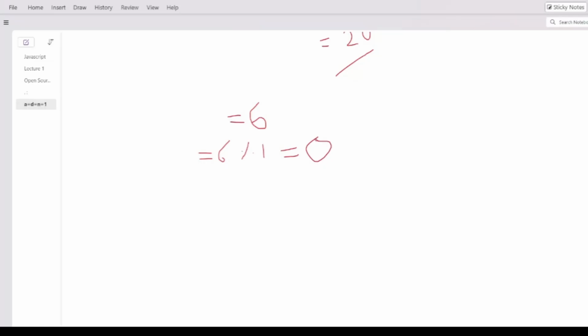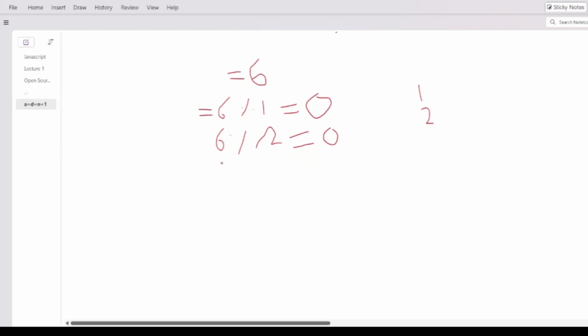It means that 1 is a factor of 6, so we print 1. After that we check for 2, 6 modulus 2. 2 is also a factor of 6, so we print 2. After that we increase the value of i, and now i is 3, then we divide 6 by 3, we also get remainder 0, so we also print 3.